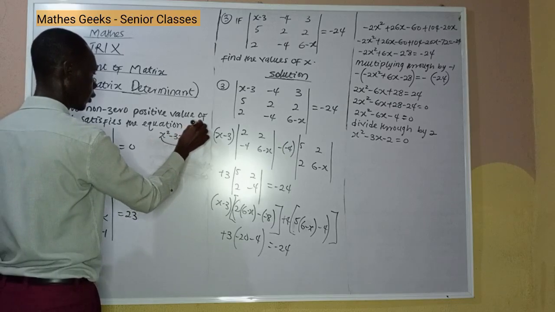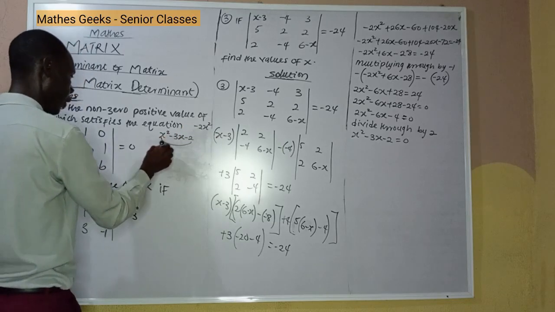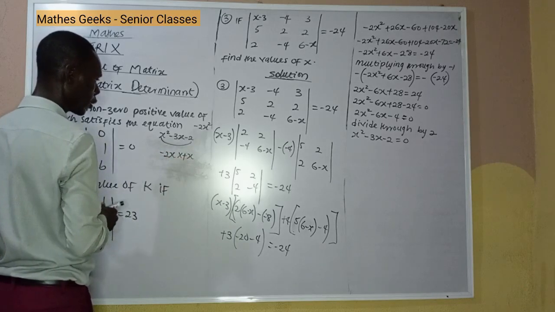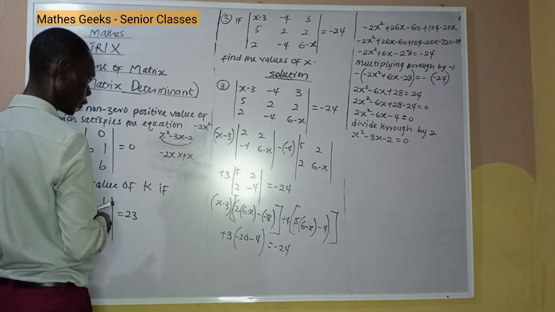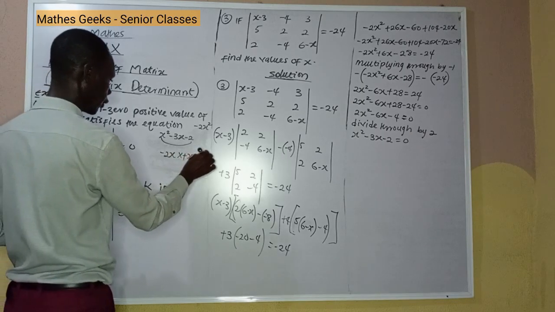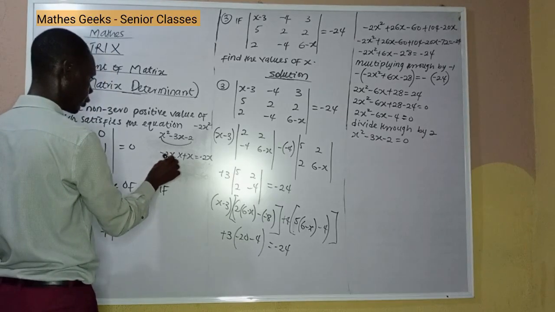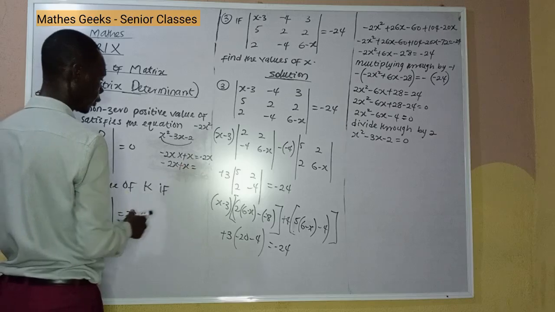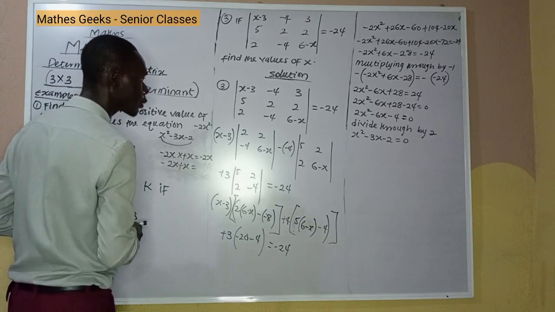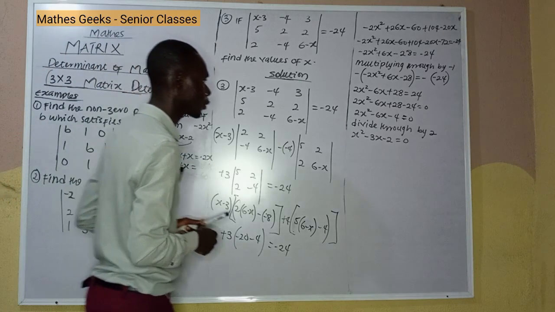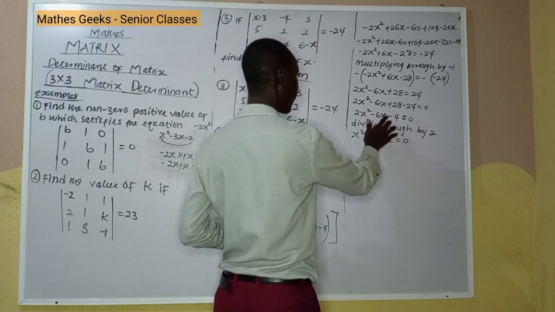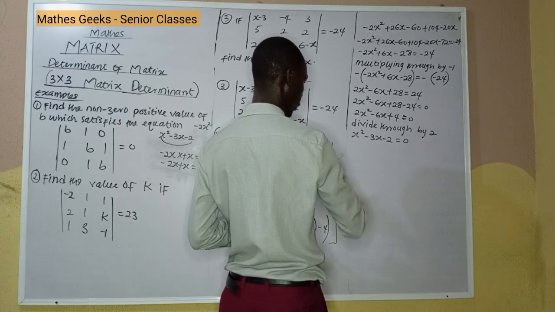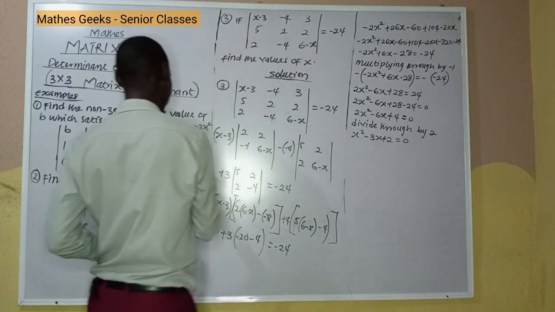Minus 2x times plus x will give us minus 2x. Sorry, here it's supposed to be plus 28 minus 24, so plus 2. It's difficult to find factors.